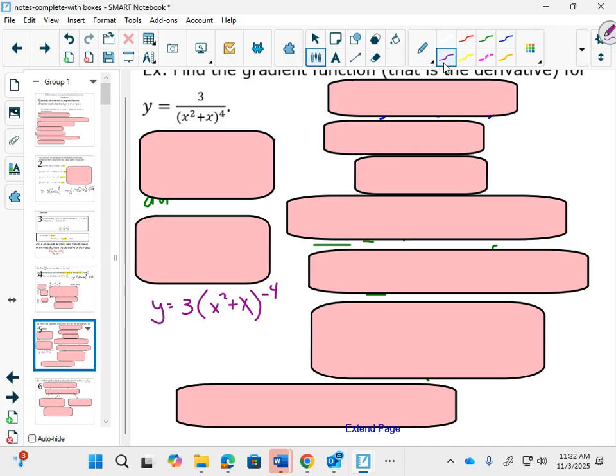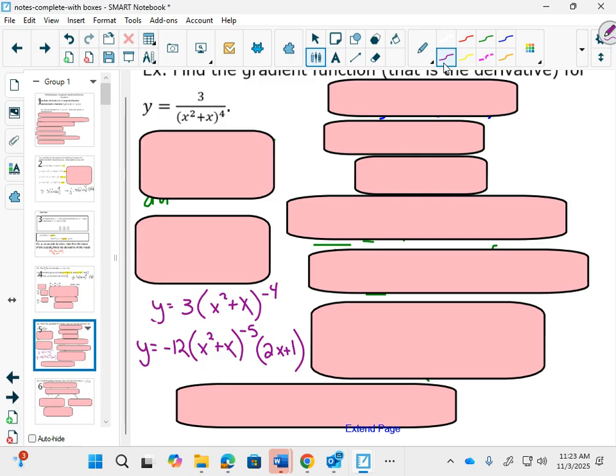Yes? You see that the x squared plus x is inside that exponent of negative 4. So our chain rule says, do the derivative of the outside function, which is negative 4. That's a power rule. The negative 4 comes out in front, keep the inside the same, subtract 1 from the exponent, negative 5, multiply by the derivative of my inside function, which is 2x plus 1.